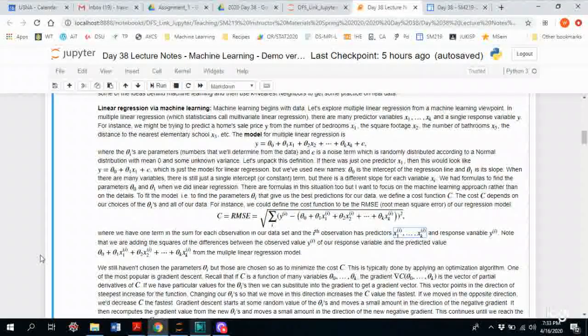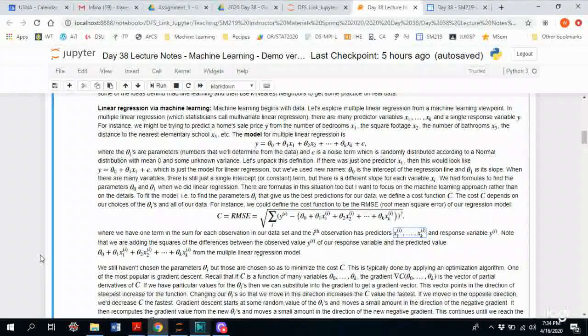And instead of using b for the y-intercept, we called it theta naught. When there are many variables, there's still just a single intercept, or constant term, but there's a different slope for each variable xi.